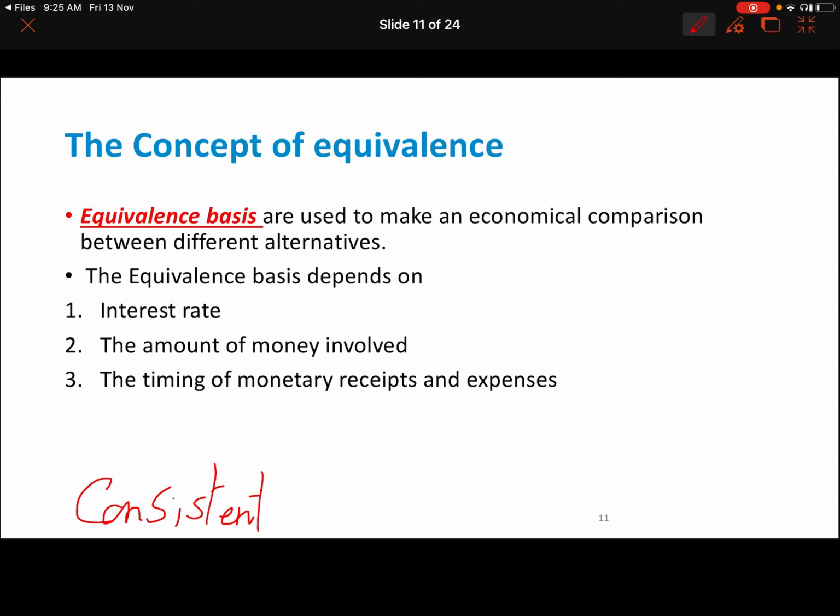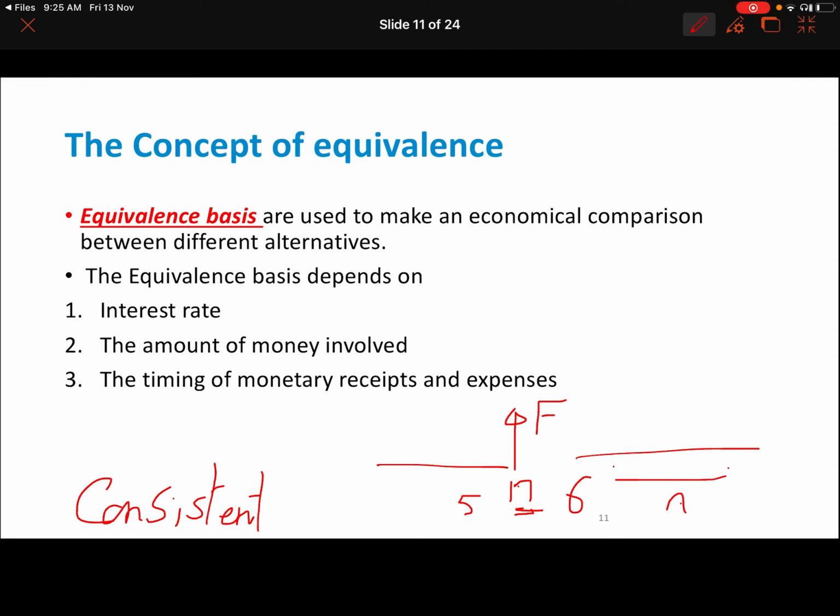To be consistent when you compare different alternatives, you need to use either A, or P, or F at a certain year, let's say n. I cannot compare two machines where one has a life of 5 years and the other has a life of 6 years. This is not consistent because they have different years of life.